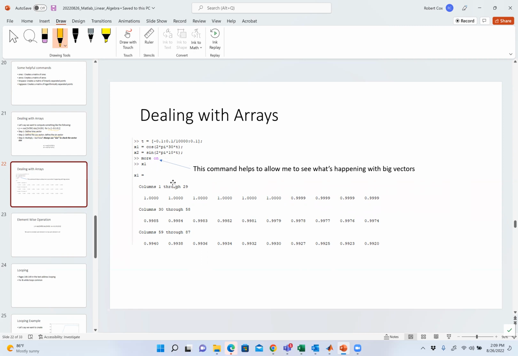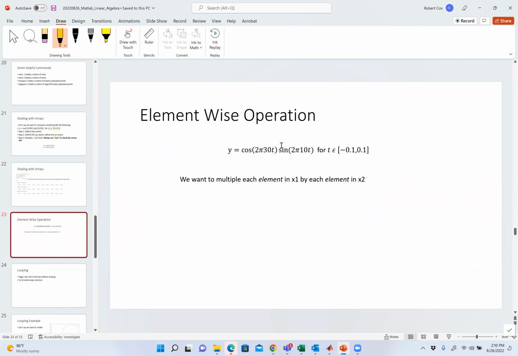Instead of scrolling all of the data past you until it's finished, more on lets you see the data as it comes along. If I do more off, it goes back to the regular mode. So this element-wise operation is really important.